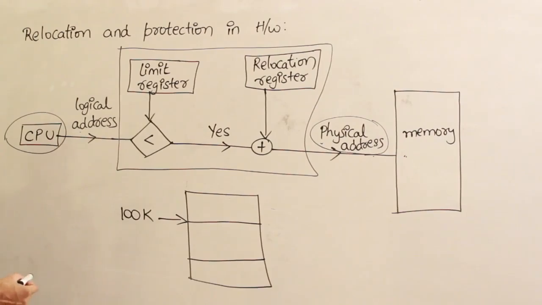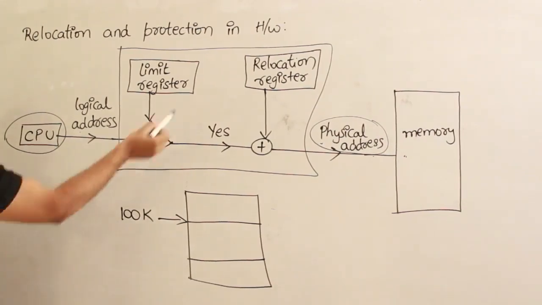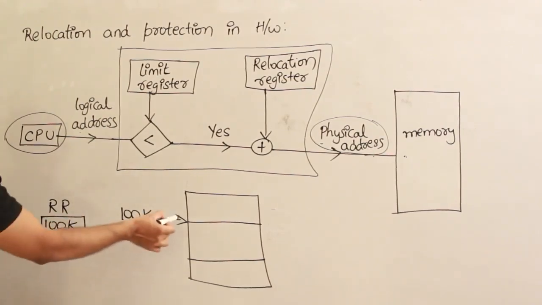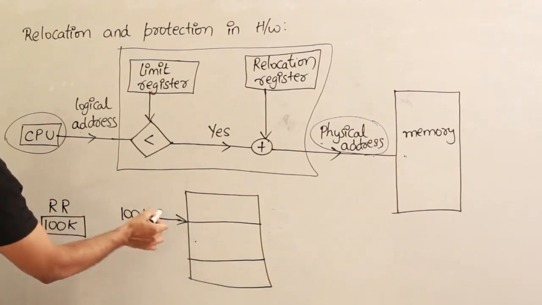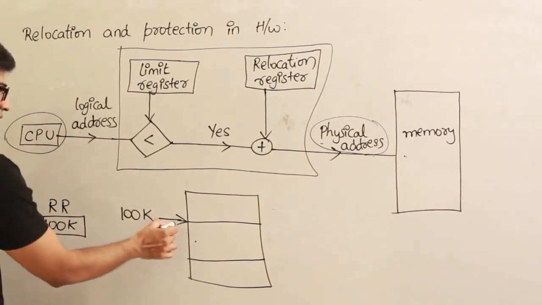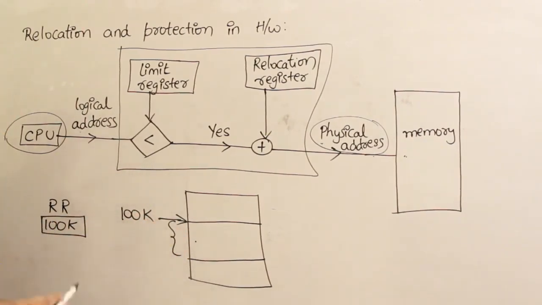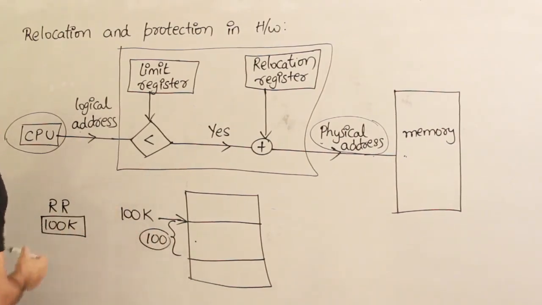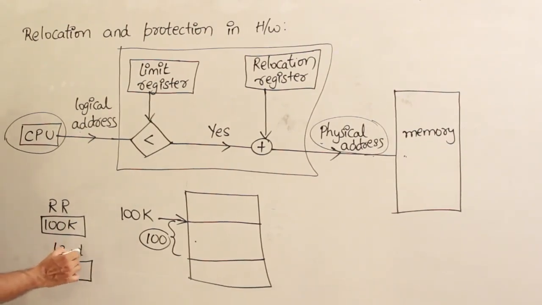Then I'll maintain a register called the relocation register. In the relocation register, I'll load 100K. It is saying that this particular process is going to start at 100K, and let us say the size of the process is 100 bytes, which is not real, but let's assume it to keep things simple. This size is loaded in the limit register. Therefore, the limit register is going to contain 100, right?